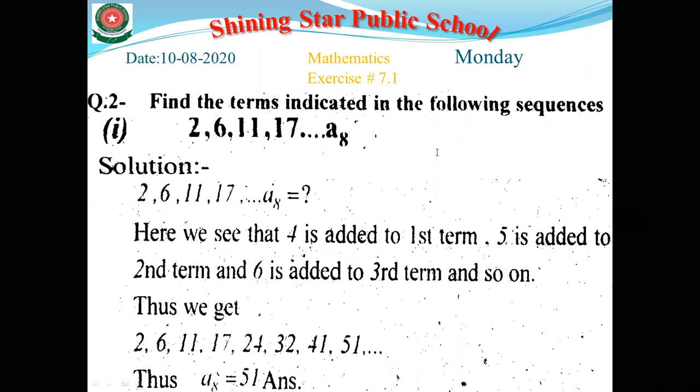Now 2 is the first term, then second term, third term, adding 4, 5, 6, 7, 8. So the 8th term is 51. Okay. So our required answer is 51. Very simple exercise.